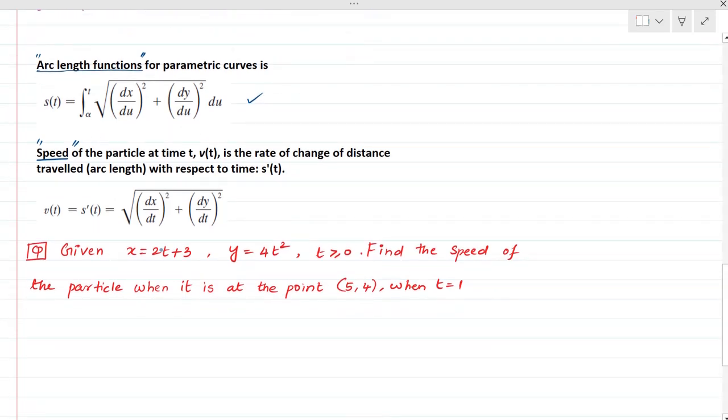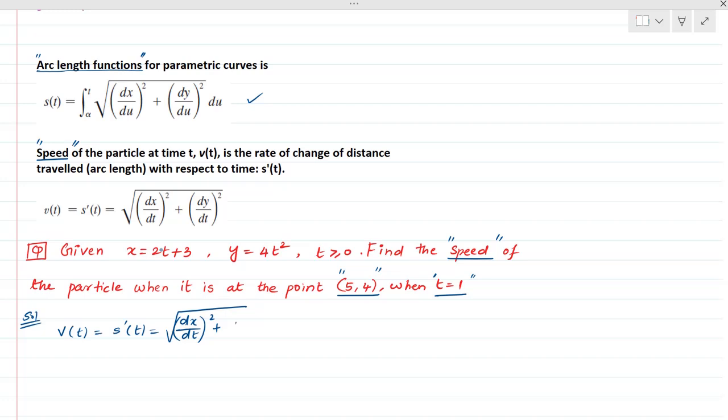So here we have a parametric function, and we want to find the speed of a particle when t equals 1. First of all, we will write the speed formula: v of t, which is equal to s prime of t, which is equal to the square root of dx over dt whole square plus dy over dt whole square.